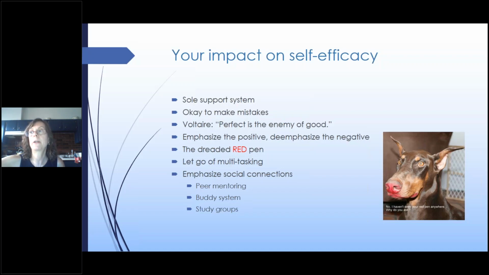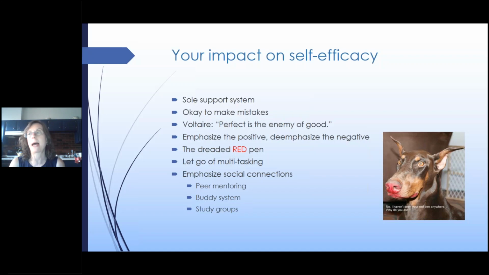Another one that I heard several times at this conference is emphasize the positive and de-emphasize the negative. So I'm going to tell you a story about something that I have done in my classes for most of the 30 years that I taught.